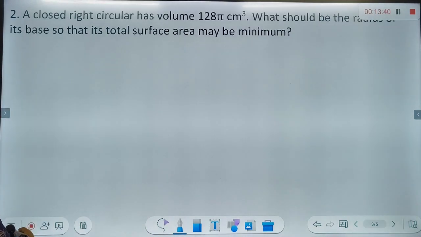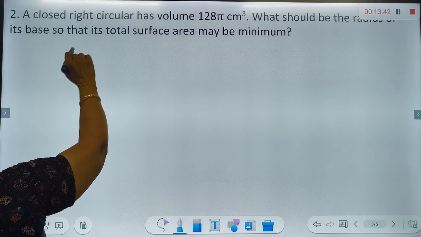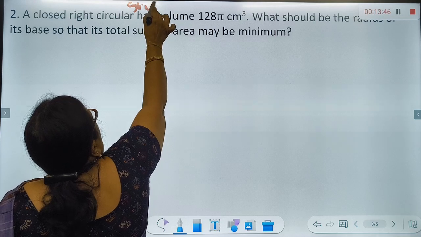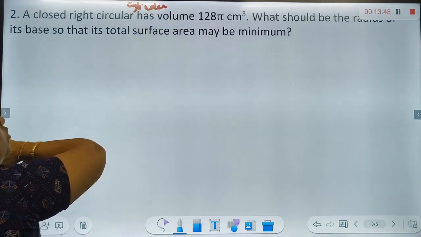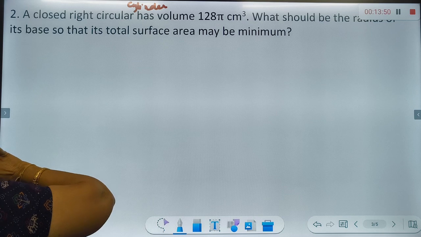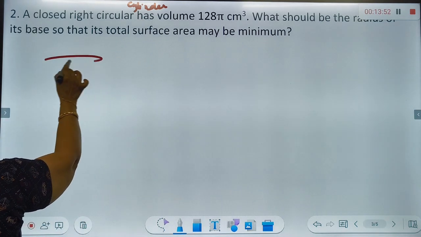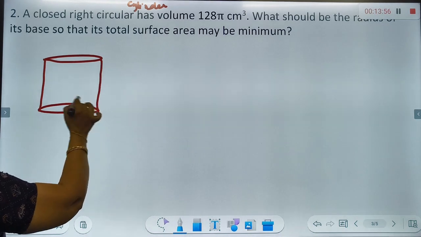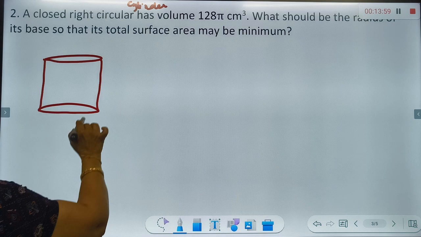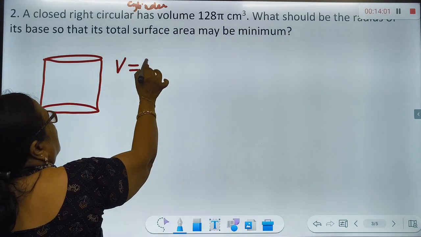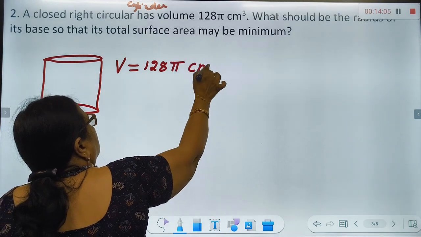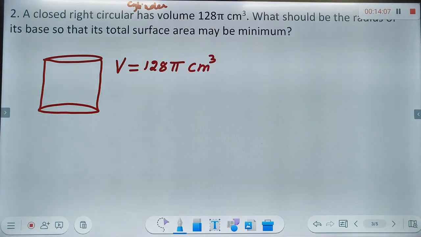Now, a closed right circular cylinder has volume equal to 128 pi centimeter cube. So, what is a cylinder? Okay, its volume is given, 128 pi centimeter cube.